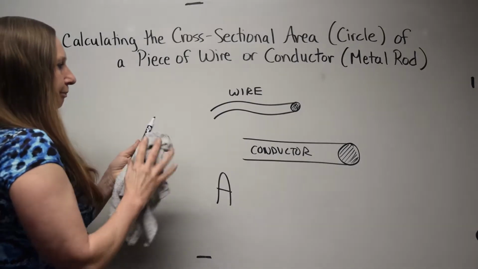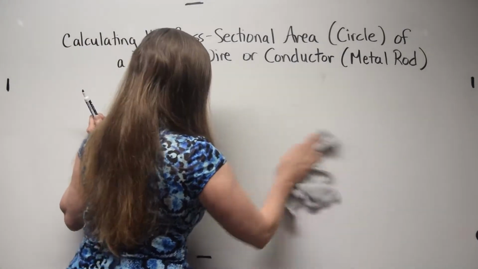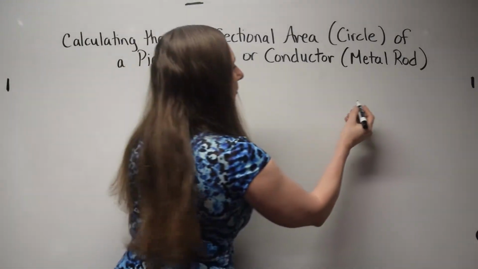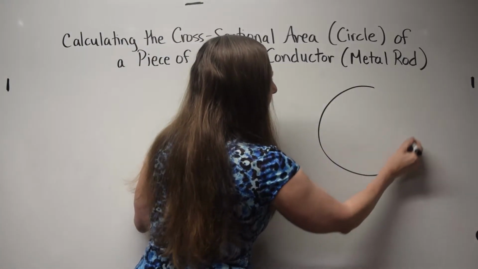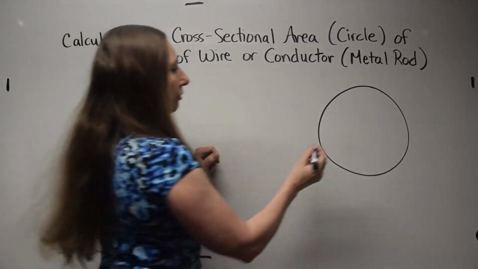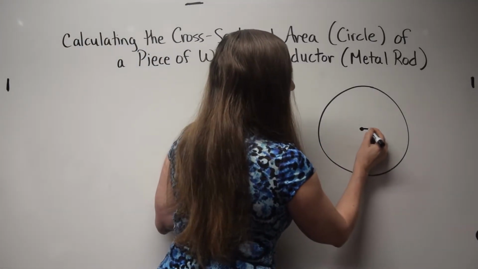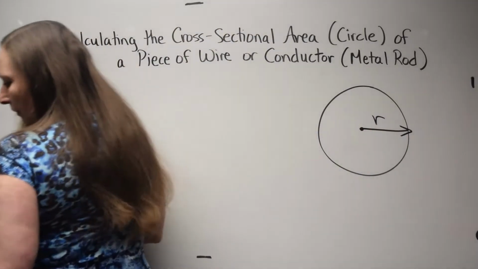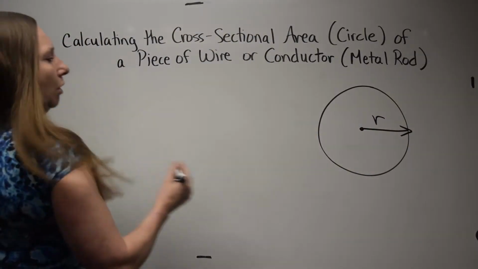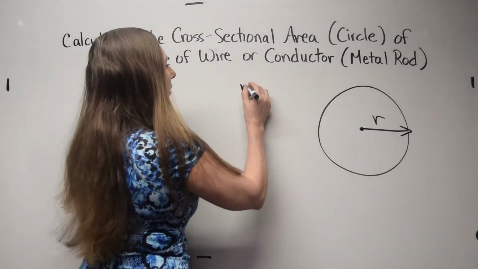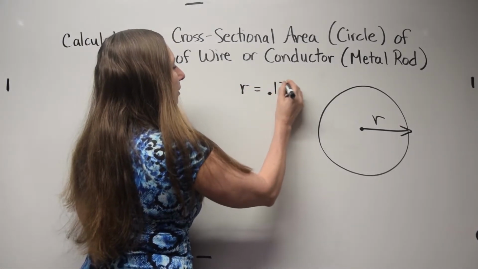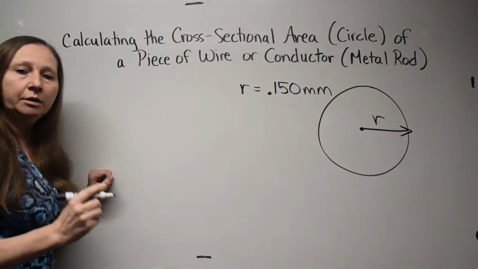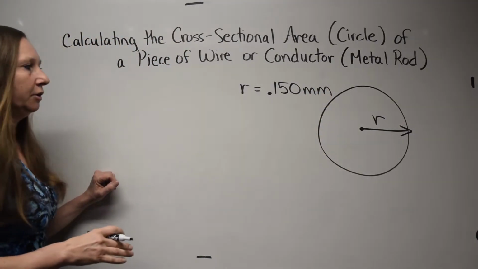So we need to very simply calculate the area of a circle. Let's take a piece of wire and make it really big. Let's take the radius of that wire, R, and say that R equals 0.150, and let's put it in millimeters so we can practice converting millimeters to meters.